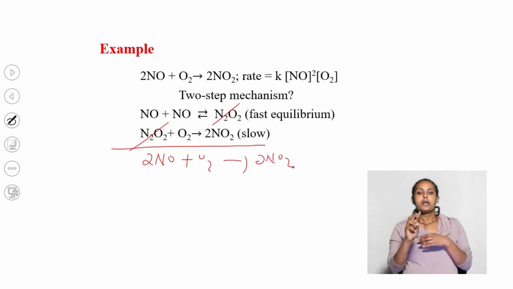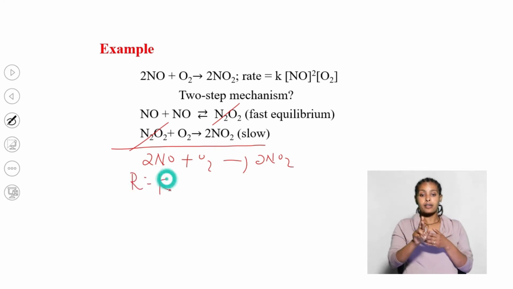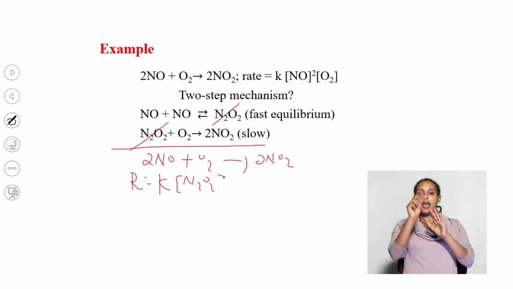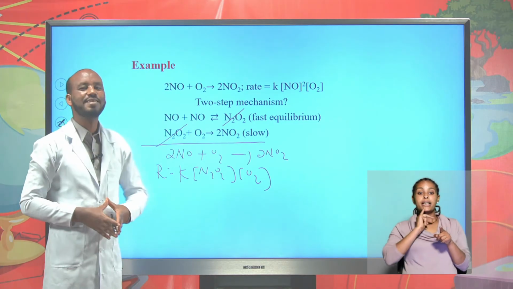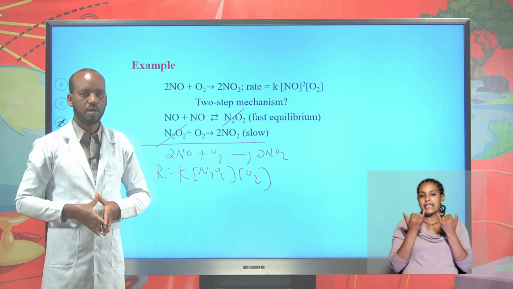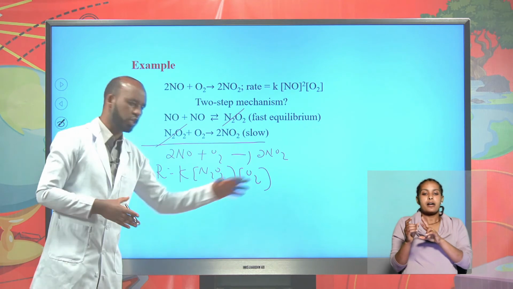The slowest step is the rate determining step. Therefore, rate of this reaction equals k times concentration of N2O2 times concentration of O2. But N2O2 is an intermediate. Intermediates do not appear in the rate law expression.